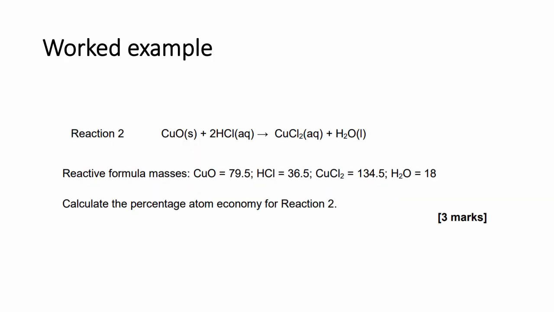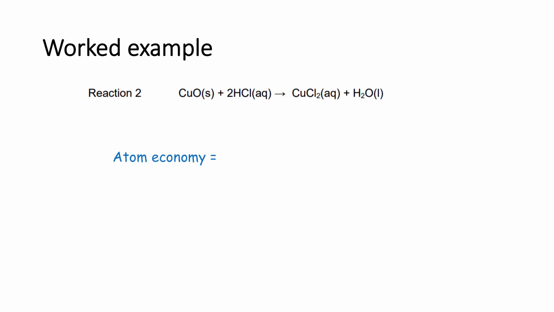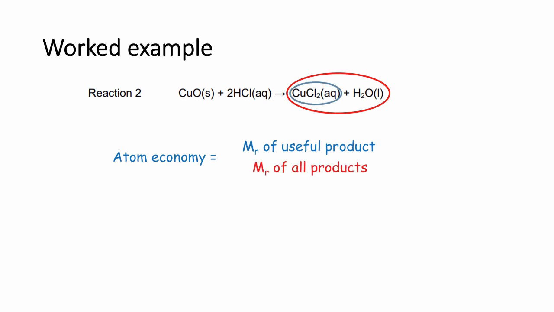In this reaction, the desired product is copper chloride, and the question's given us the relative formula masses of all of the reactants and products. It's asking us to calculate the percentage atom economy. So we write an expression for atom economy. Atom economy equals Mr of useful products, circled in blue, the copper chloride, divided by the Mr of all products.